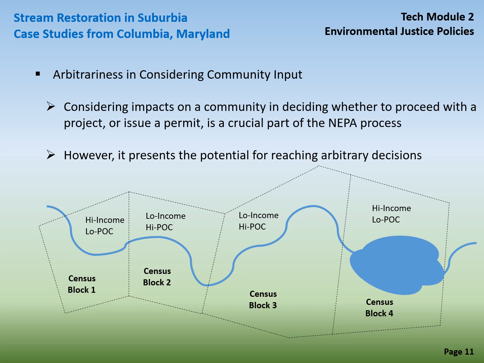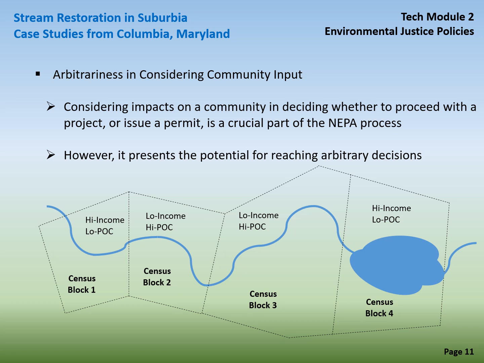Now, another problem with linear projects is that they create the potential for arbitrary decisions in considering impacts and community input. Considering impacts on a community and deciding whether to proceed is a crucial part of the NEPA process.